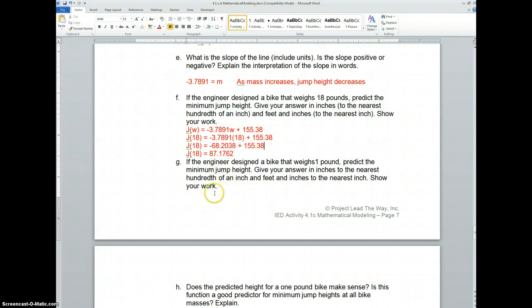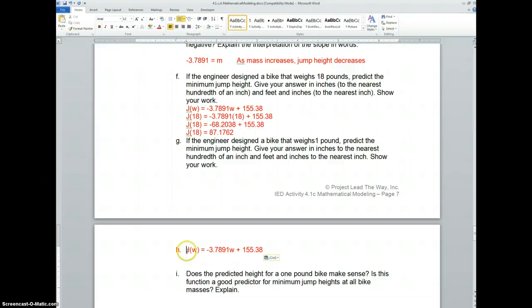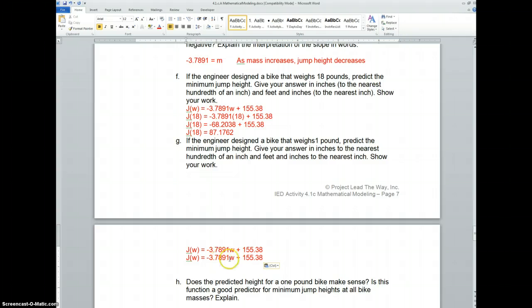Same kind of thing. In this case, it wants to know, here's our equation. If our bike only weighed 1 pound, so we're plugging in 1 for the weight. And what would this be? Well, it's going to be 155.38 minus this number.